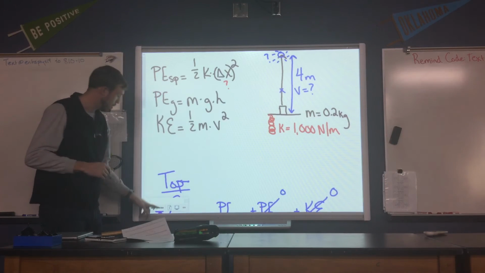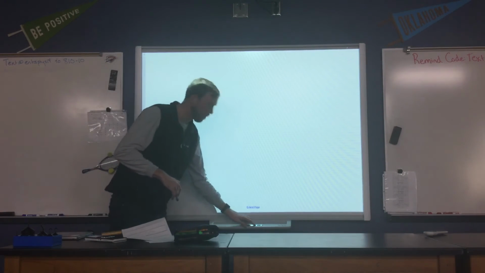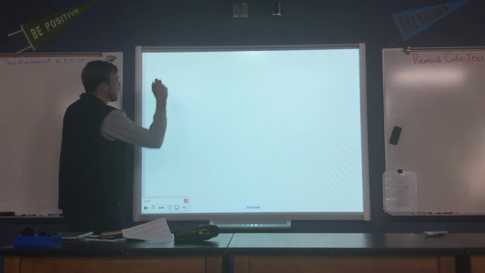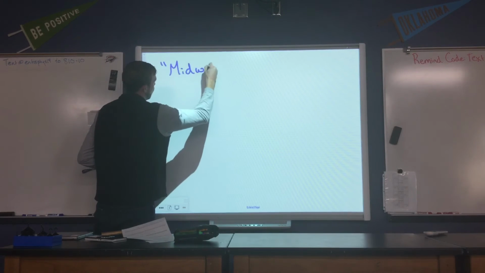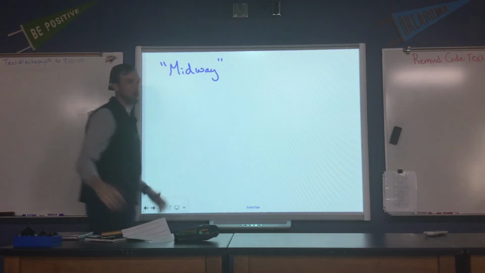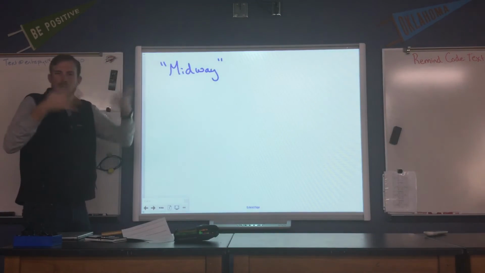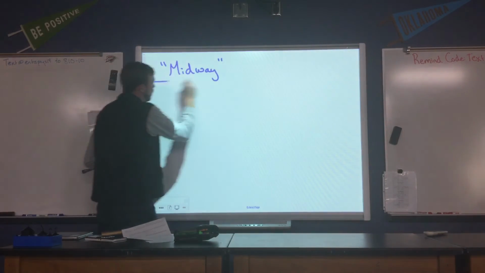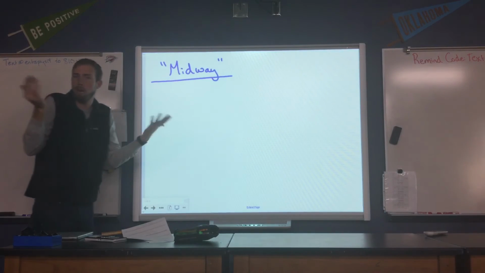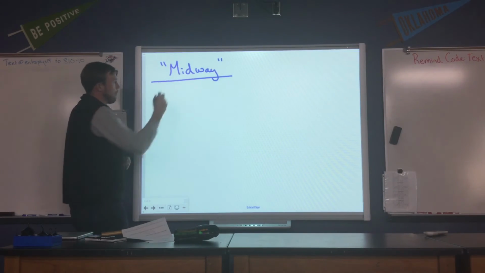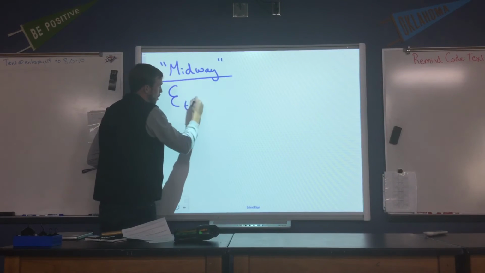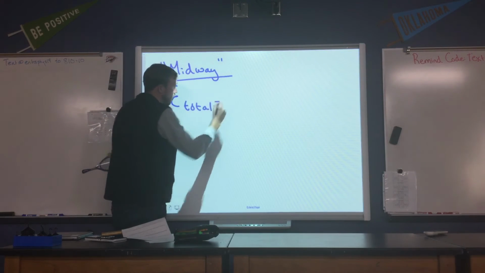So here's what we can do. At this point, I'll call it midway, even though technically midway would be halfway up. We'll just put it in quotations. It's kind of midway, not really midway, but it's a good way to describe what's going on here. Now, at this point, partway up, the total energy still needs to be conserved.